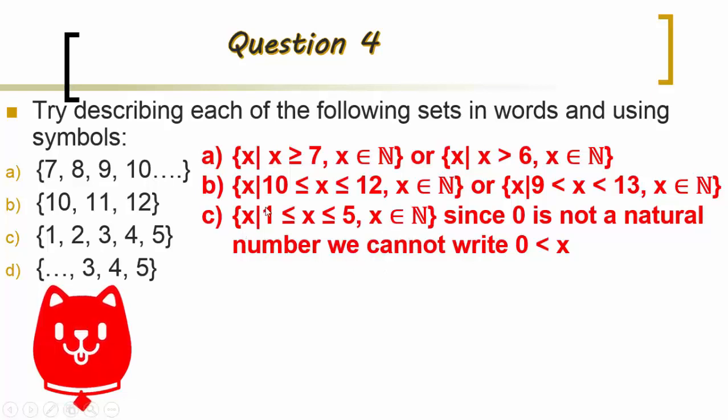But we can't write 0 is less than x, because 0 is not a natural number. So we cannot write it this other way, because 0 is not part of the natural numbers.